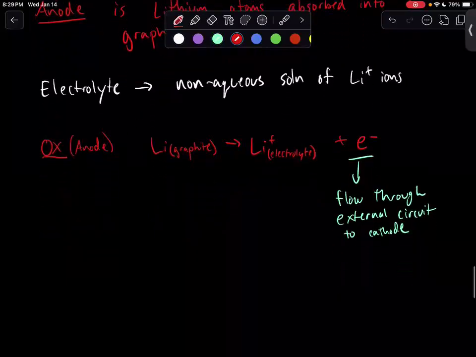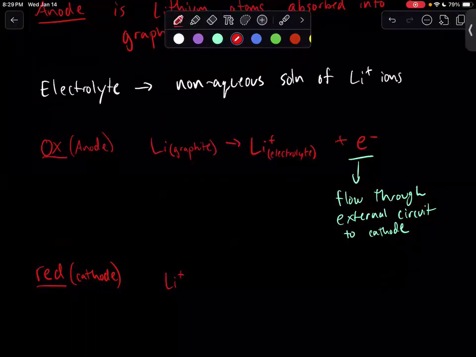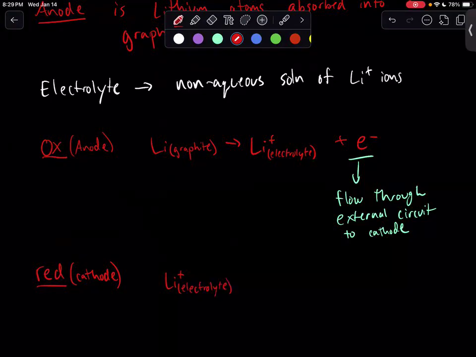Now, once those electrons hit the cathode, we're going to do our reduction reaction. And this is where we get that cobalt oxide reaction. So those Li plus ions within the electrolyte are going to gain the electron, and they're going to react with our cobalt oxide.